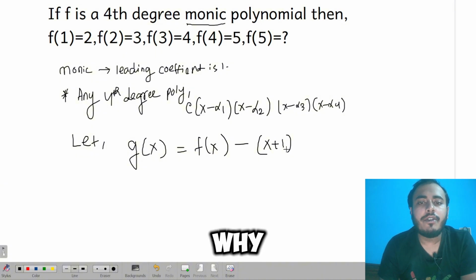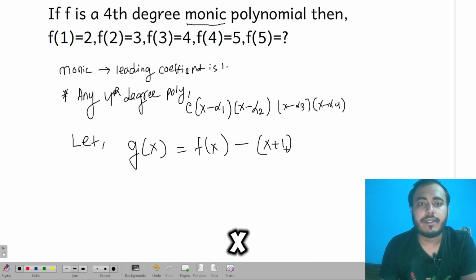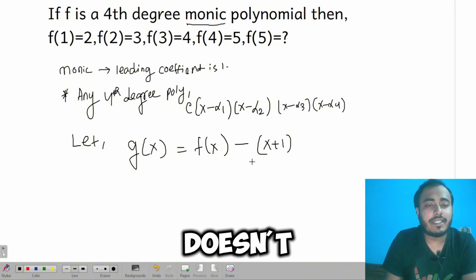Now, why do I have only this choice, and why can we not use any other way? First of all, notice that f of 1 is 2, f of 2 is 3, f of 3 is 4, f of 4 is 5, which would mean that the definition of g of x implies that g of 1 is 0, doesn't it?